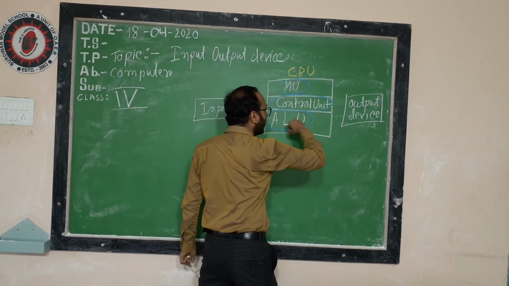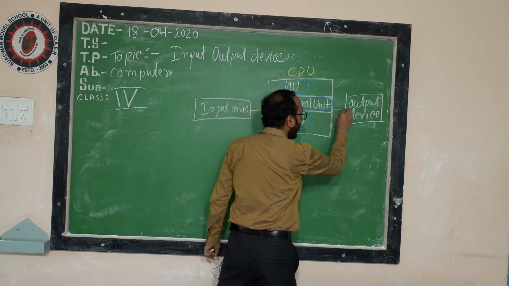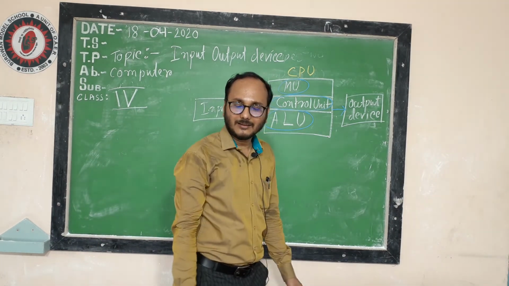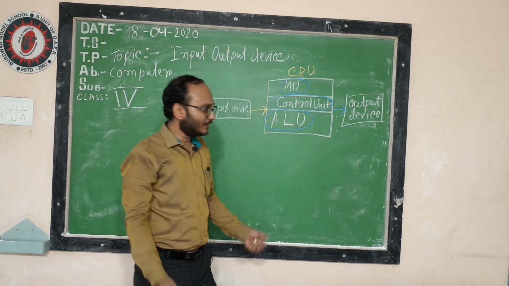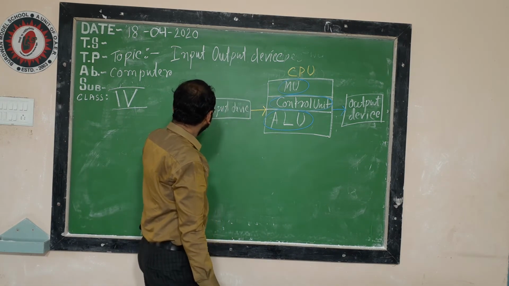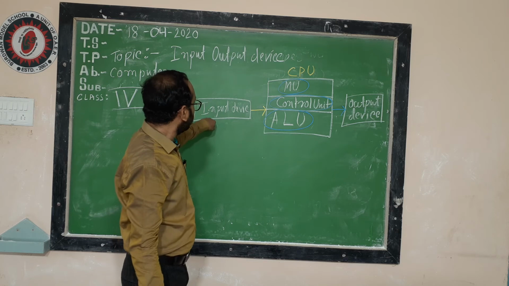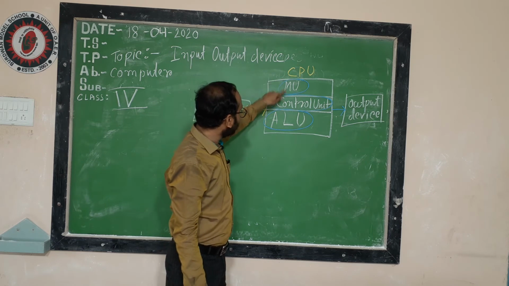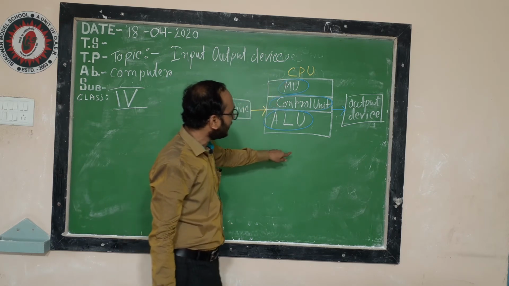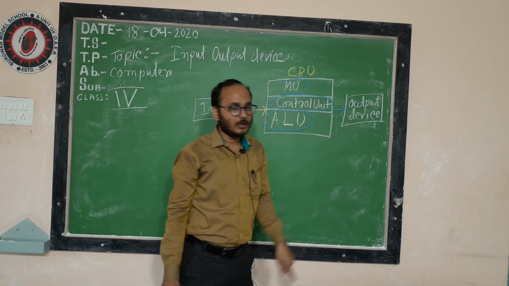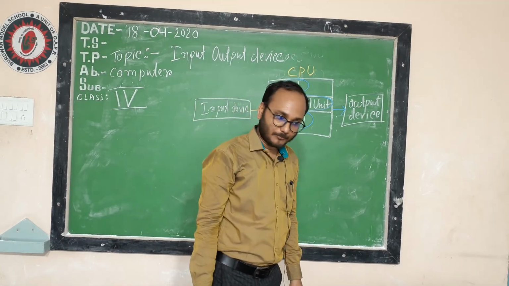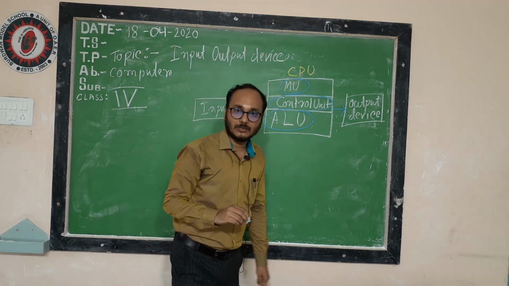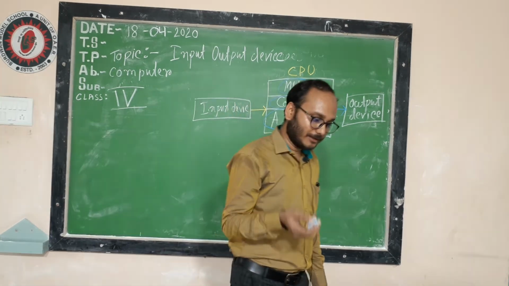After processing this operation, it goes to the output unit and display the result. Clear? So whenever we give an input through input device, it goes to the CPU, which has three parts: memory unit, control unit, and arithmetic logic unit. After processing, it goes to the output device. So it is the working function of a computer.